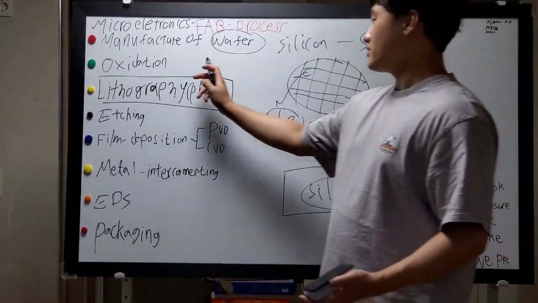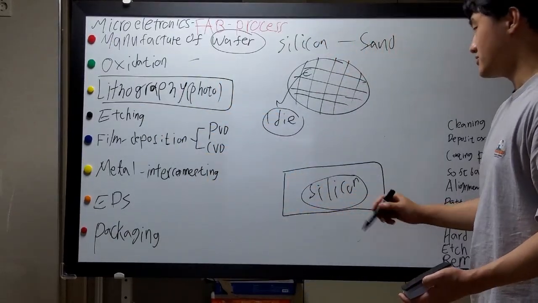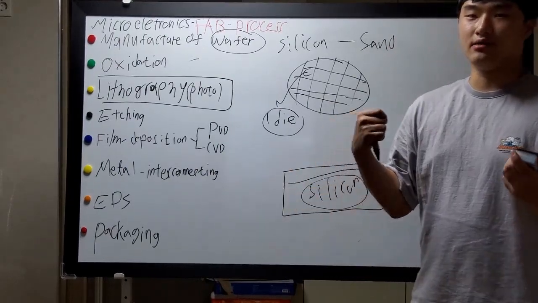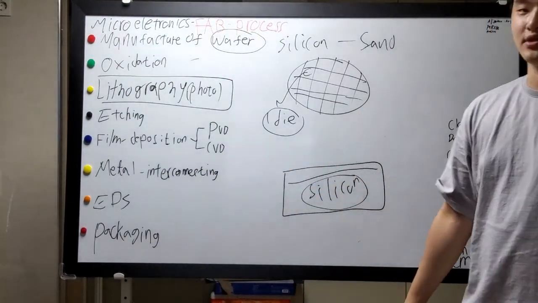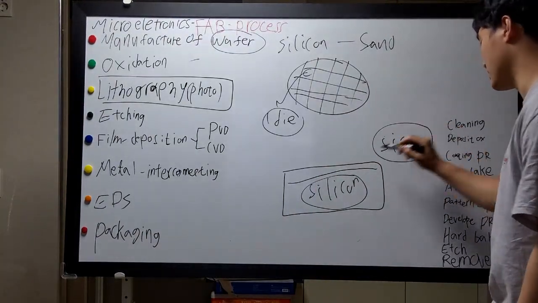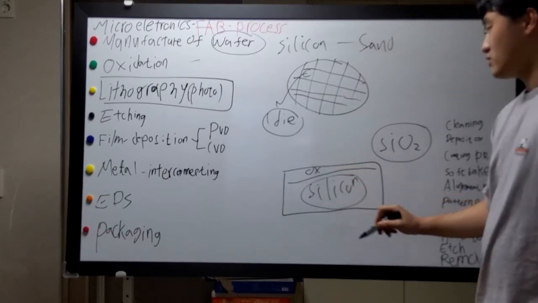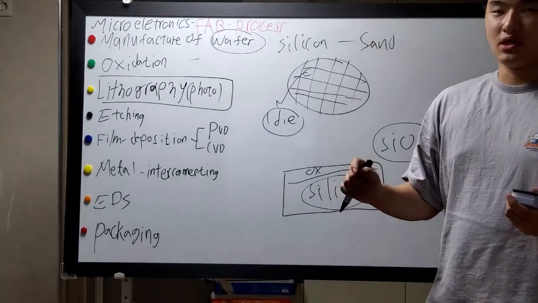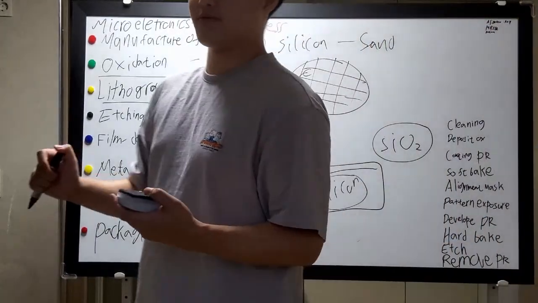Secondary, oxidation. Oxidation means depositing or making a layer of silicon oxide. Let's take the example of SiO2 here. It will prevent chemical reactions of the silicon.